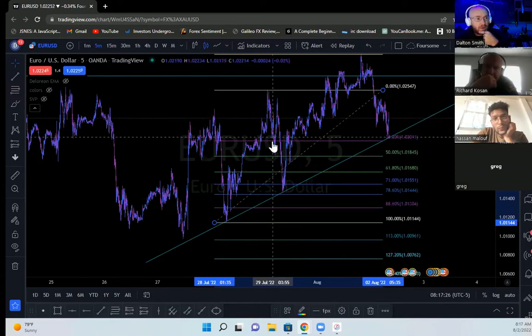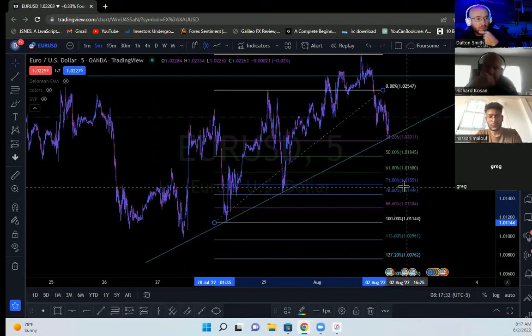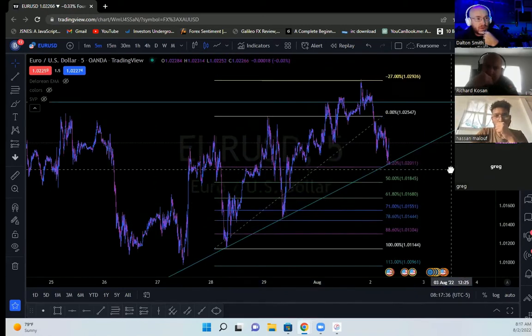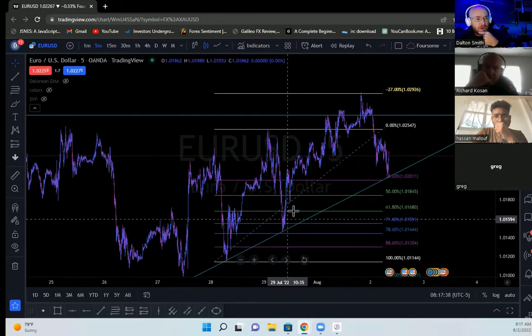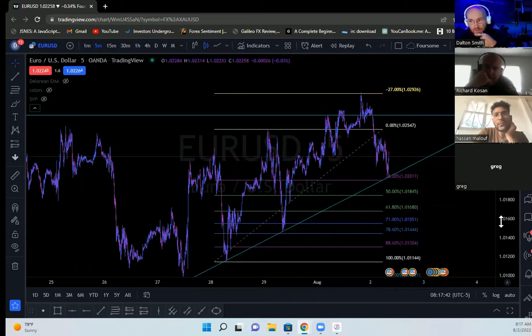I look for it to come back into a key zone, which is between 50 and 100. 71 and 78 are my really key zones. This one here hit the 78, which is a confirmation to me. So I enter the trade at 78 and I set my take profit at negative 27. Okay, that's it.